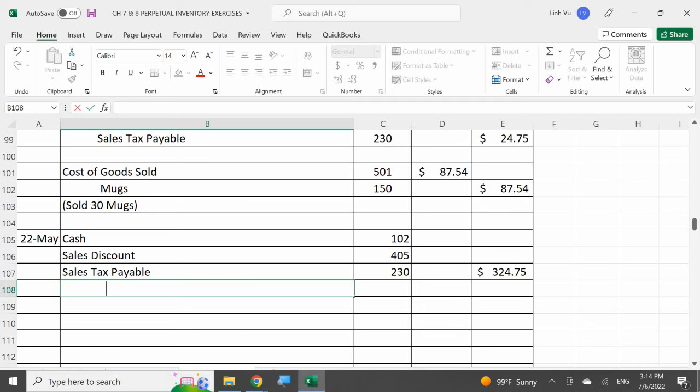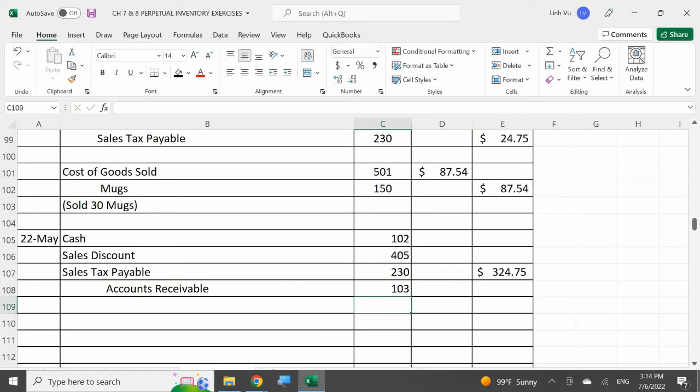That is what happens when you originally charge full price, they meet the condition, and you adjust their sales and sales tax accordingly.